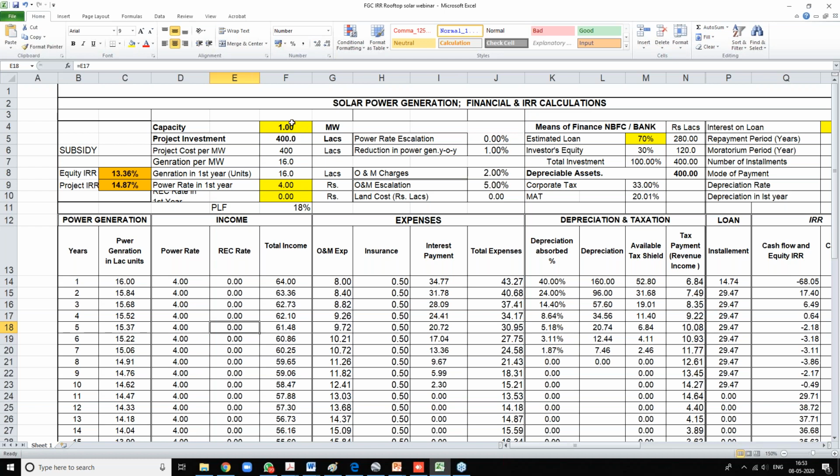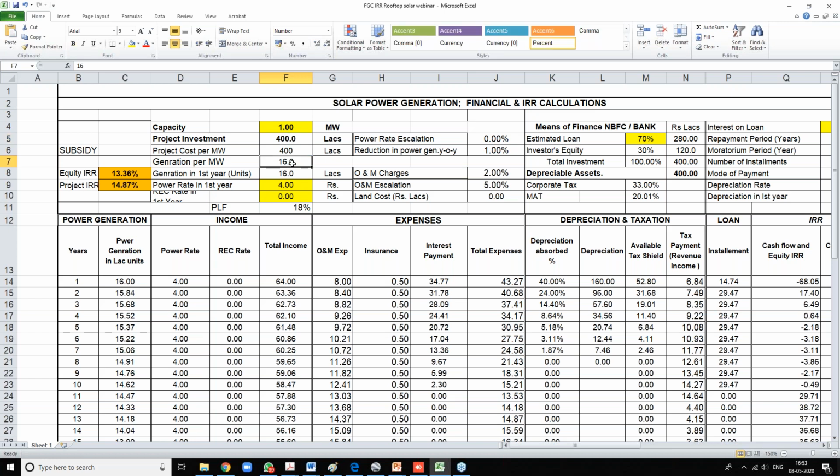What we have considered is, let us assume that it's a project of 1 megawatt, maybe a single client or a bundled client. So for the sake of ease, we have considered it as a 1 megawatt solar project. The cost of investment is about 4 crore per megawatt, so we have considered 400 lakh as investment in this project.